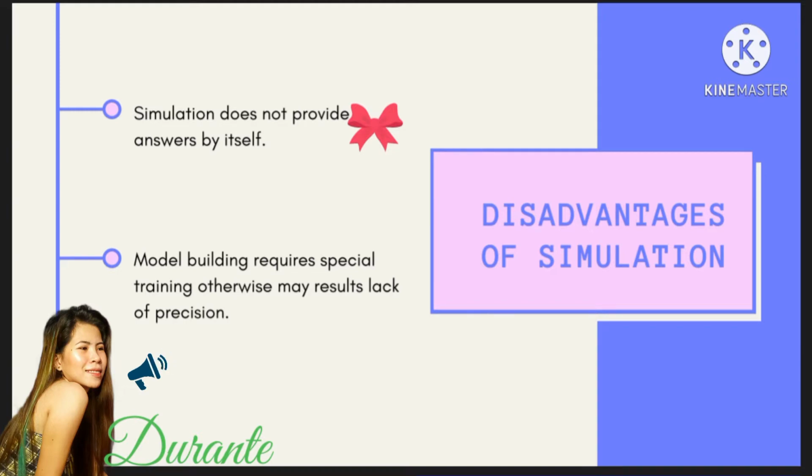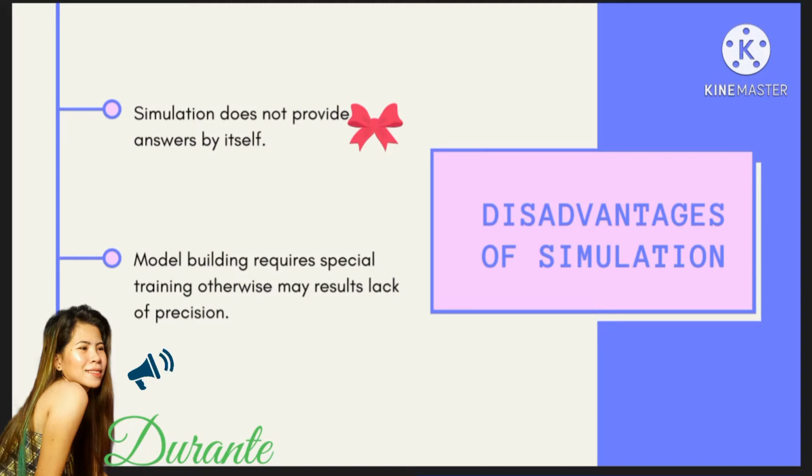Ang ibig sabihin lang nito, kapag nag-simulate ka, hindi yun, kapag gumawa ka ng model, yun na yun. Magbibigay na siya ng kusa ng sagot dun sa problema. Hindi ganun yun. Yung user, you have to provide all the constraints for the solution which you want to examine. So, parang mag-input ka.